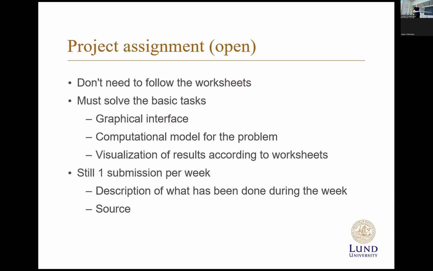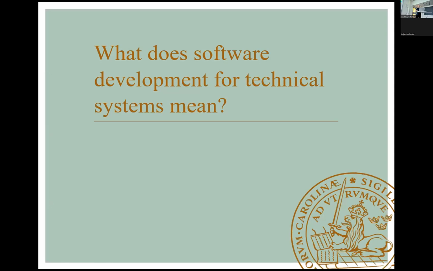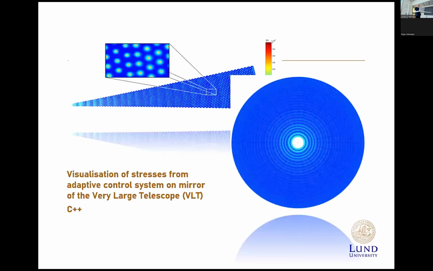So let's get into why we have this course and why it's useful. What does software development with technical systems mean? I will show you some examples here of work that we have done before, but also now, that describe some of these tasks. So this is actually a visualization of the mirror of a telescope.